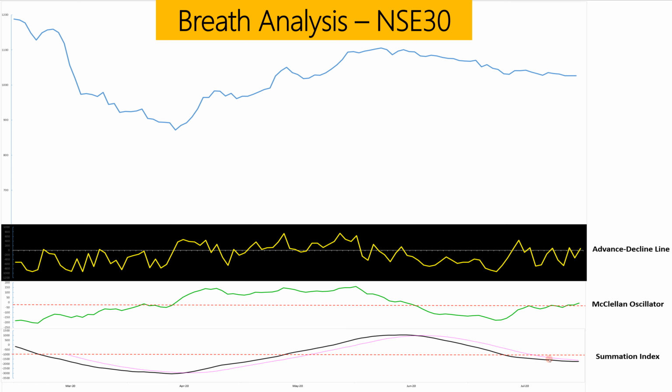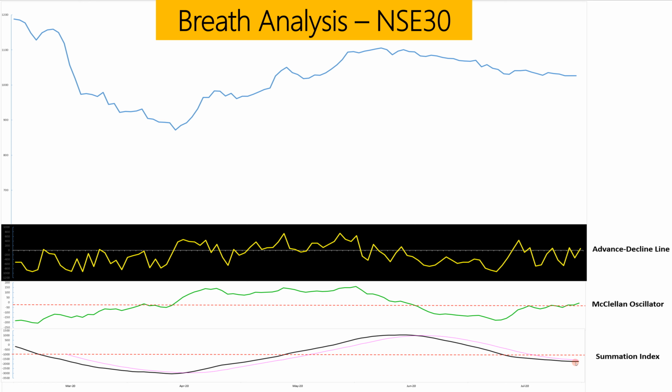As soon as it crosses the pink line at the zero line, then it's safe to buy. Just as what happened in April, see, as soon as the lines cross each other, you can see the index start moving up. So that's what we're waiting for now.